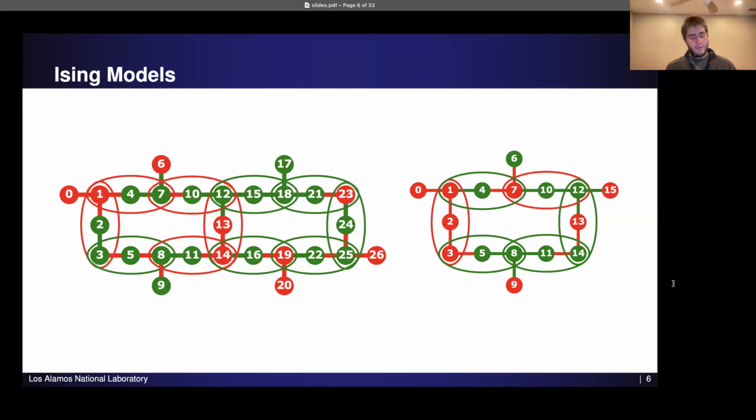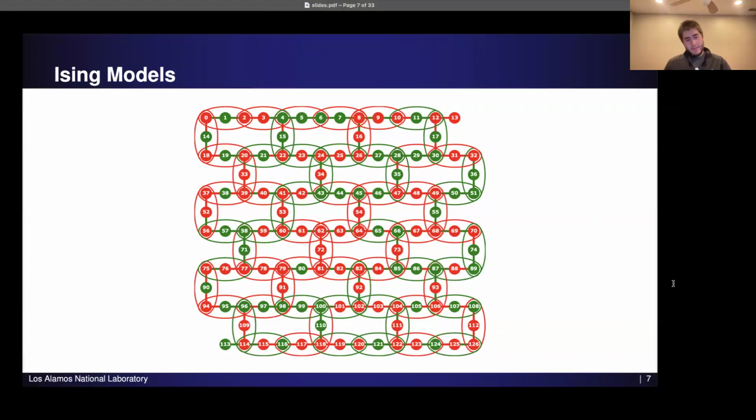We randomly select the coefficients for all of the quadratic terms on the underlying hardware graph, that connectivity graph being the heavy-hex graph. And then we also randomly select the sign of the coefficients for all of the cubic terms. On the left-hand side is a 27 qubit instance, and on the right-hand side is a 16 qubit instance. And these particular graphs are actually hardware graphs for IBM processors that we ran these experiments on.